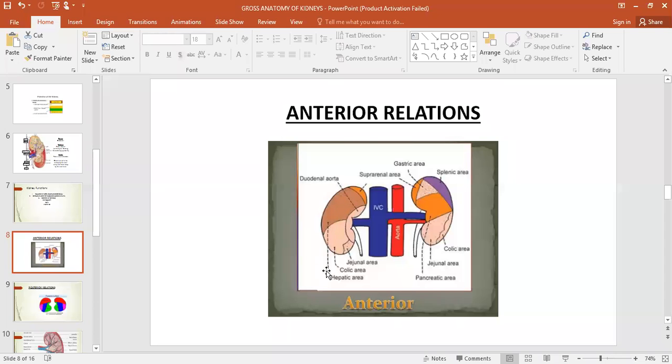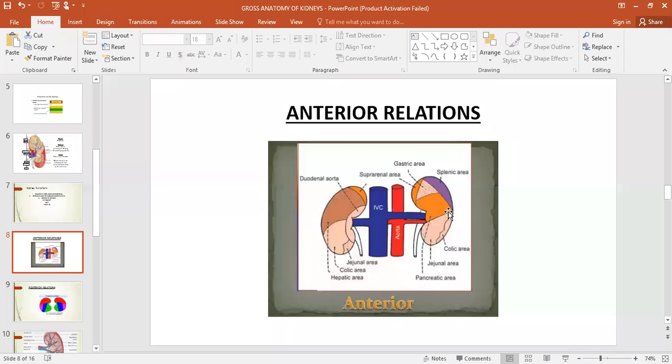And this one is the liver area, hepatic area. This is the colic area and jejunal area. So anteriorly lie the suprarenal gland, jejunum, liver, and colonic flexure. These are the anterior relations of the right kidney.